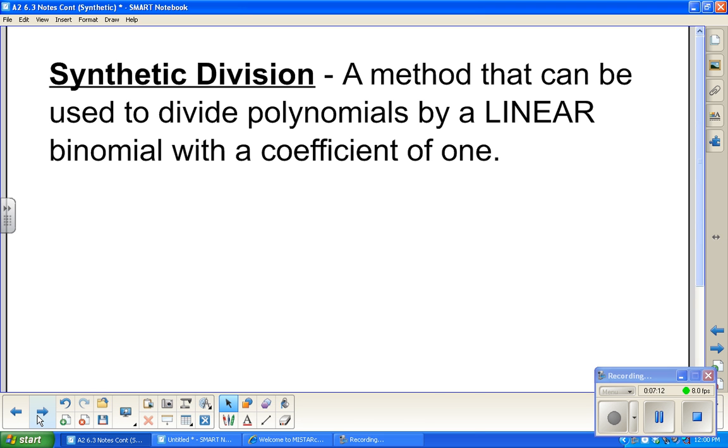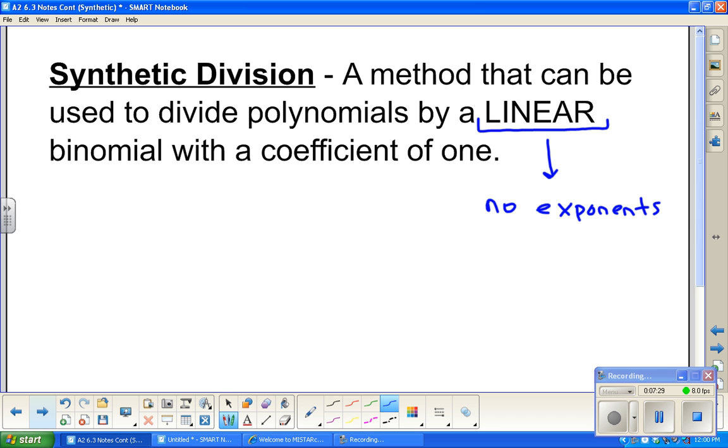How can we tell if something is linear? Is it going to have an x squared in it? Can it have x to the third in it? No, basically no exponents. So the thing you're dividing by can't have any exponents on a variable. Right, no variable under a square root.